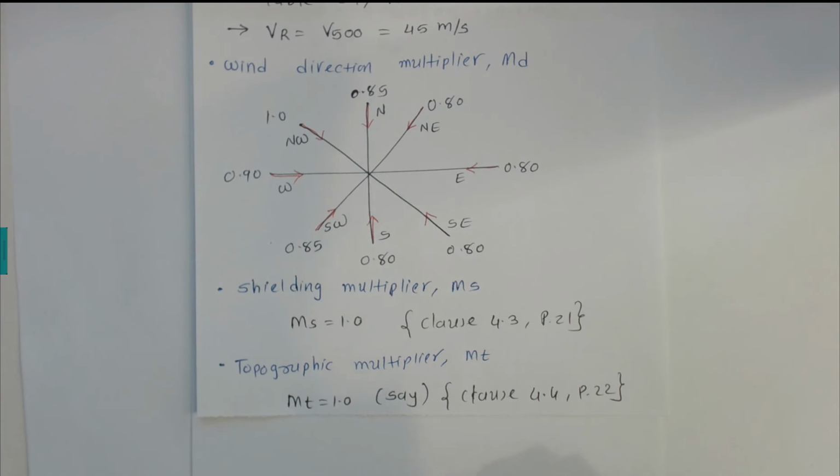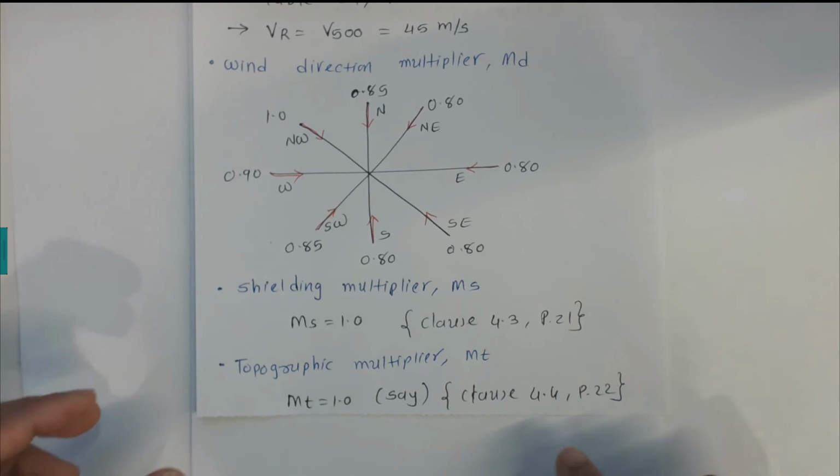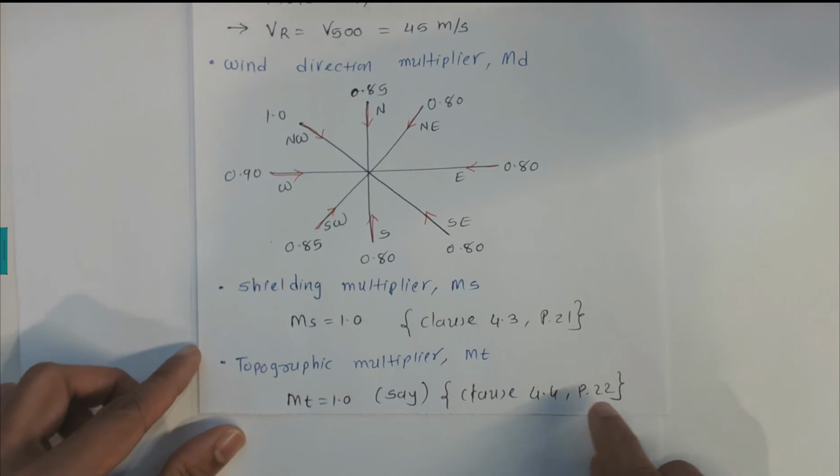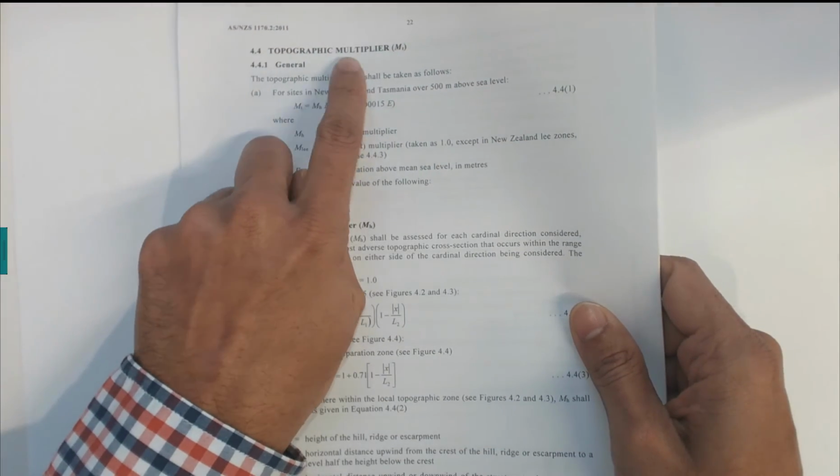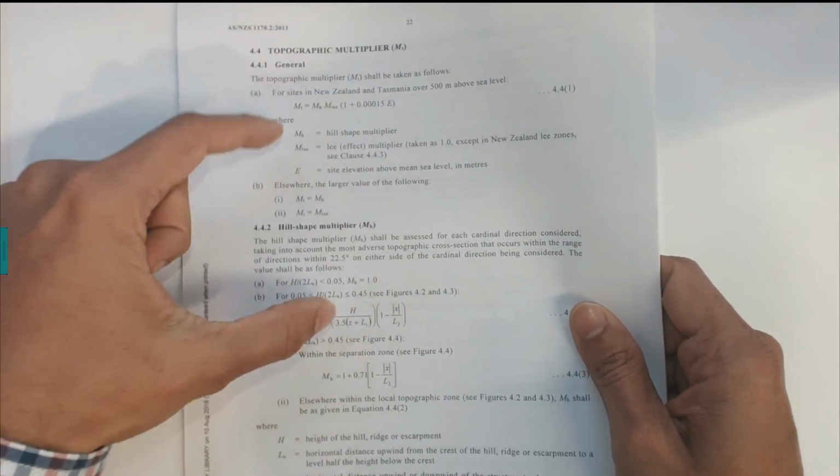I think it's given in the question that the building is located on flat ground, so MT equals 1.0. That information is given in clause 4.4 on page number 22.